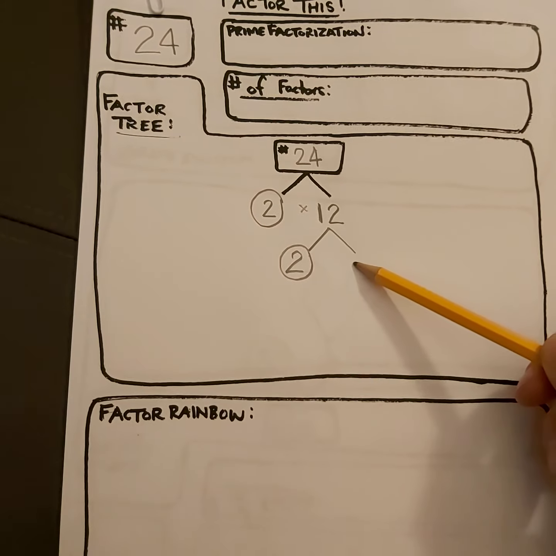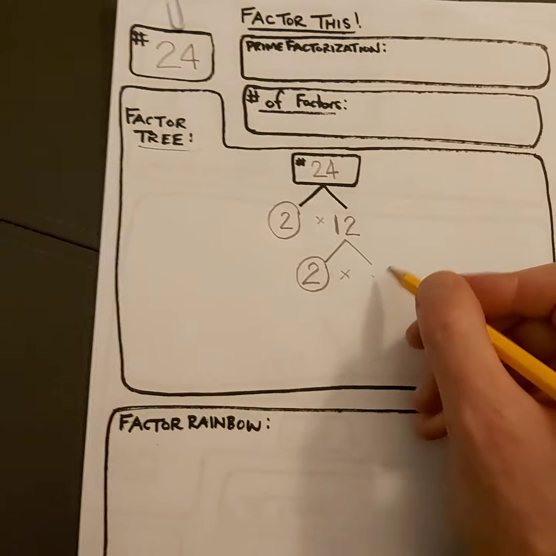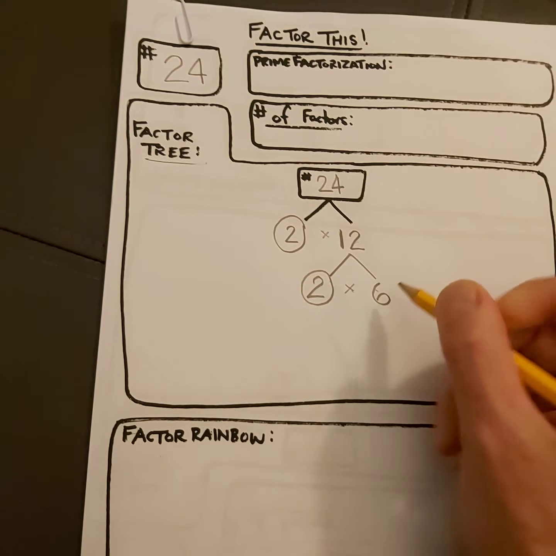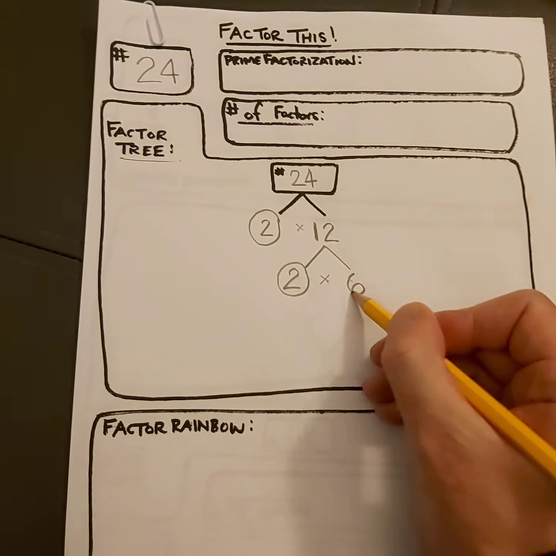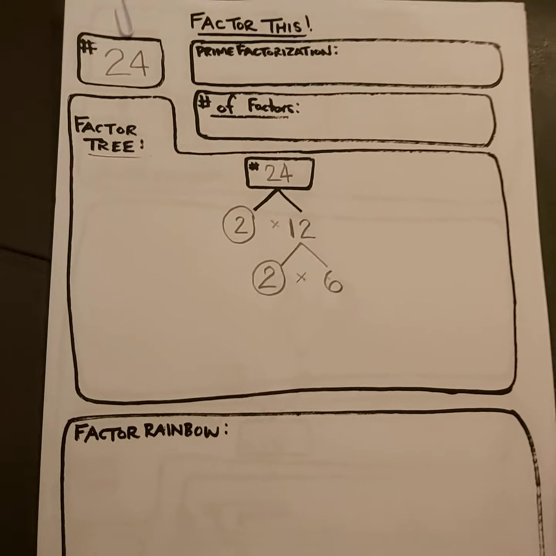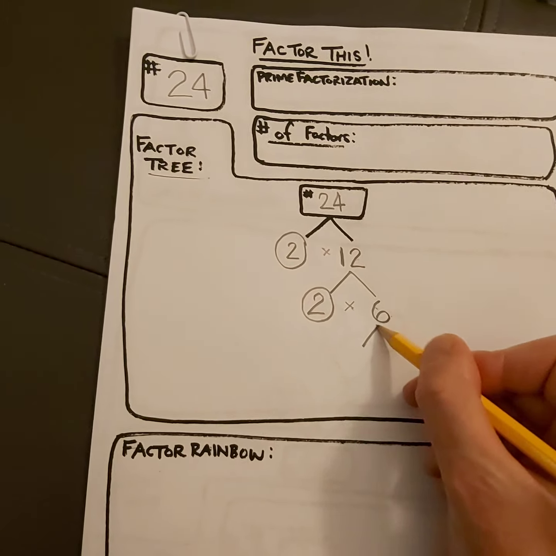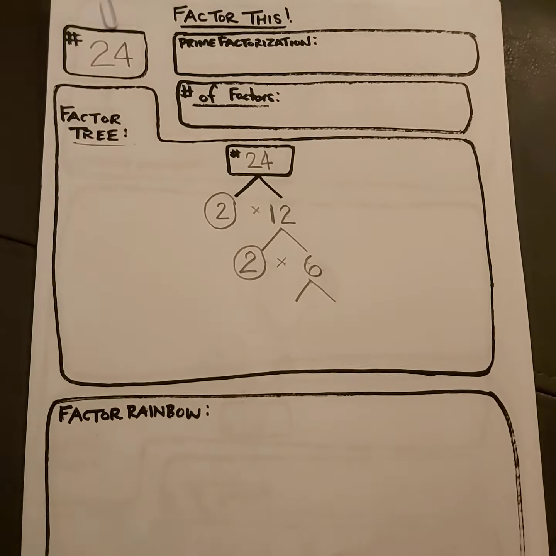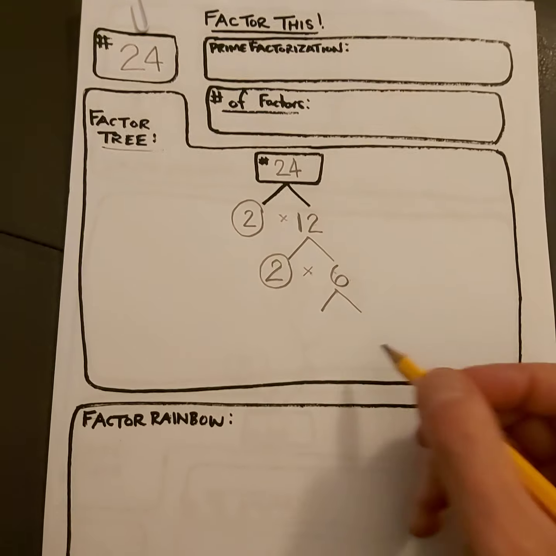Which number can be multiplied by 2 to equal 12? 6 can. All right, 2 times 6 equals 12, but 6 is not a prime either. I can't leave it like this. I need to go one step further. So I need 2 more branches, and I need 2 numbers I can multiply together to equal 6.